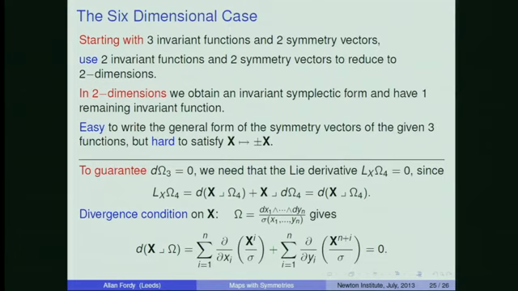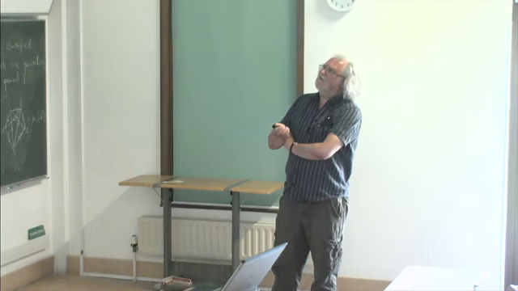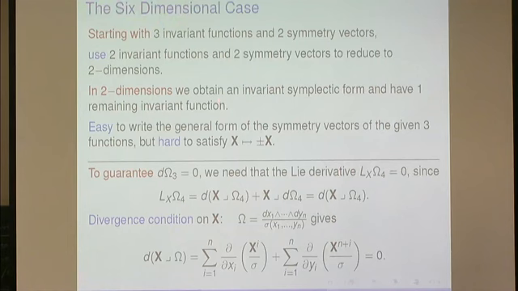So, for instance, I've done this for 4 dimensions, but anyway. If you're going to drop down from 4 dimensions to 3 or from 6 to 5, then to guarantee that this is satisfied, which you will eventually need for a symplectic form, you require this Lie derivative to be 0, because if you calculate, this term is automatically 0, so this becomes this.